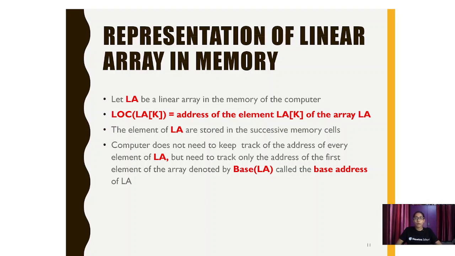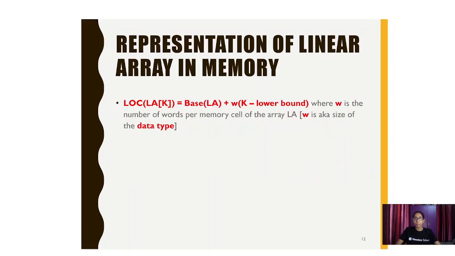You write the formula LOC(LA[K]) equals the address of element LA[K] of array LA. The elements of LA are stored in successive memory cells. The computer does not need to keep track of every element of LA, but you need the address of the first element of the array, called the base address of LA.